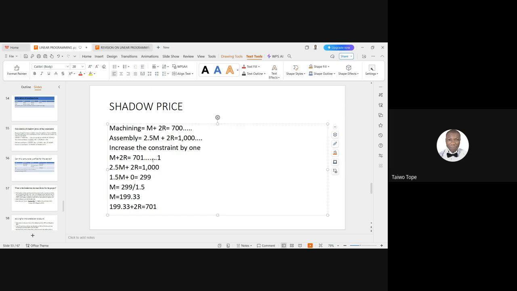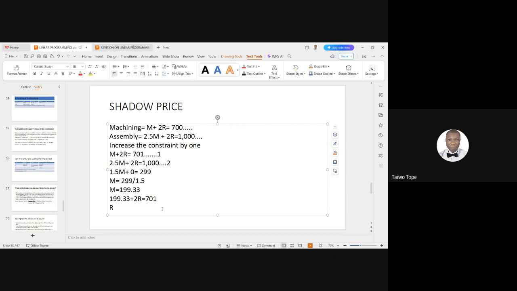Equation 1, equation 2. So when you solve, the value of R will be what? 250.84 approximately.